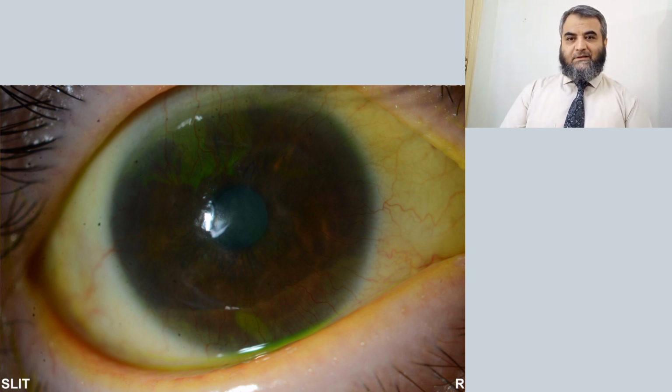So the management is very important to control the perforation, and if things go that way, sometimes we need the help of amniotic membrane to close and cover the lesion. Tacrolimus eye drops have a special role to control this patient long term, because this is an immunological disease. It flares up, it settles down, it flares up, and it settles down.